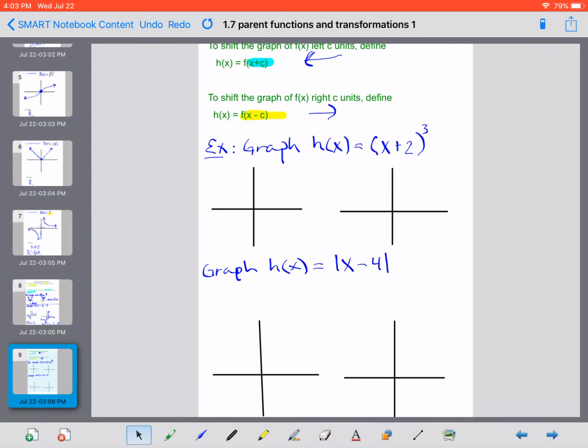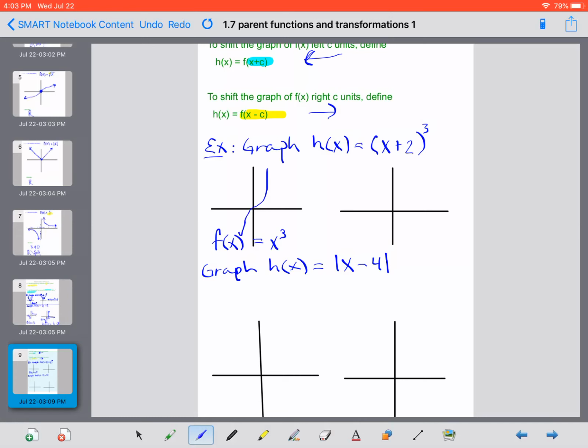I'm going to look at this first graph. I have an original function of x cubed. I know what that looks like. x cubed looks something like this. And now, what we've done here is we've replaced x in the function f of x with x plus 2.